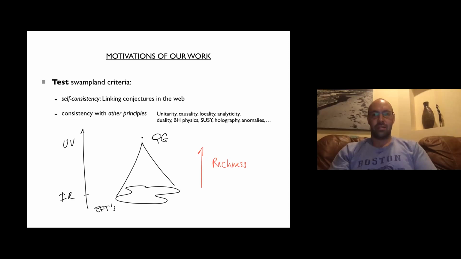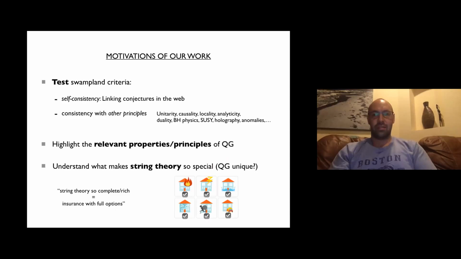There are a lot, and basically all these principles define how rich your quantum gravity theory is supposed to be. In doing so, we want to find all the relevant properties that quantum gravity has to satisfy. The main point is to understand what makes string theory so special, and maybe answer the question: is quantum gravity really unique and given by string theory?